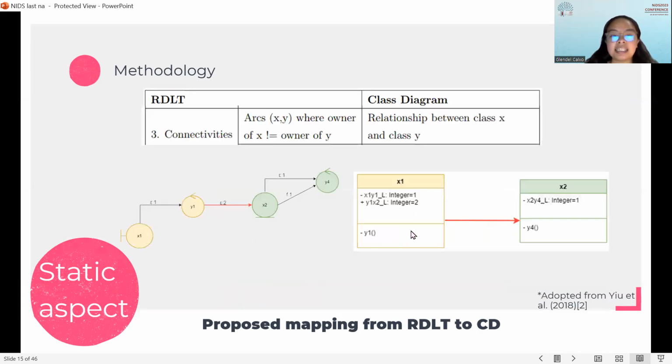And for connectivities, arcs XY, where owner of X is not equal to the owner of Y, can be mapped into a relationship between class X and Y in class diagram. And this mapping is adopted from U et al. Their mapping in class diagram was limited to association relationships only.